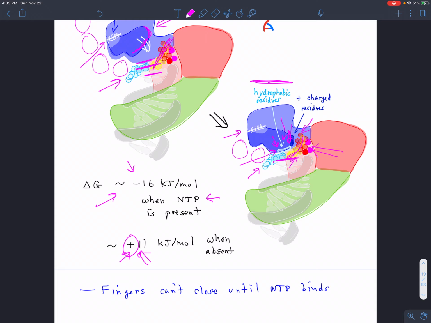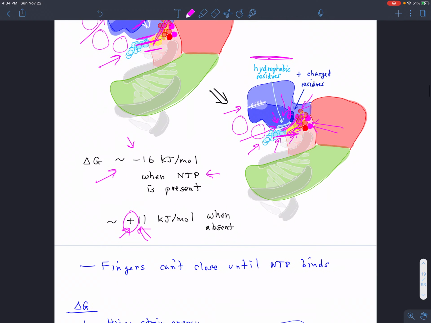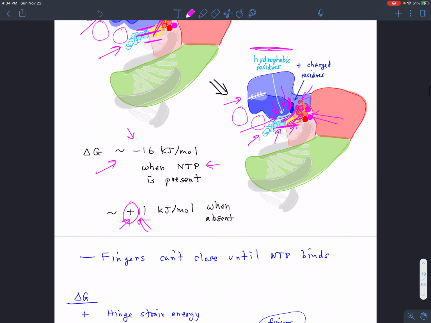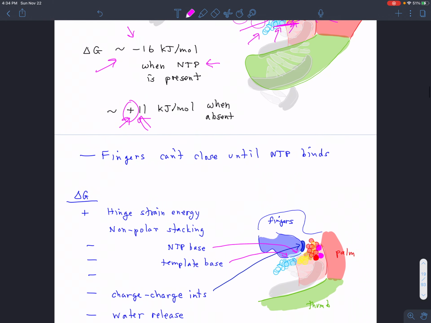And so in that case, it sticks in here kind of funny, right? It tries to make a base pair with this, but it can't make it very well. Gets in there in a funny orientation, and then what happens? Well, all these interactions don't work so well, right? That's part of the way in which the closing of the fingers tests for whether that's the right NTP or not.